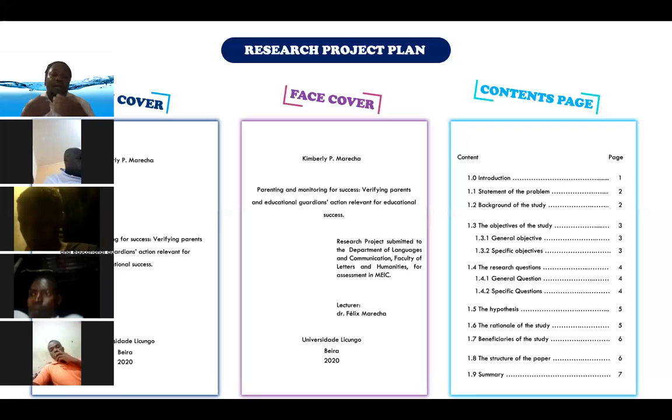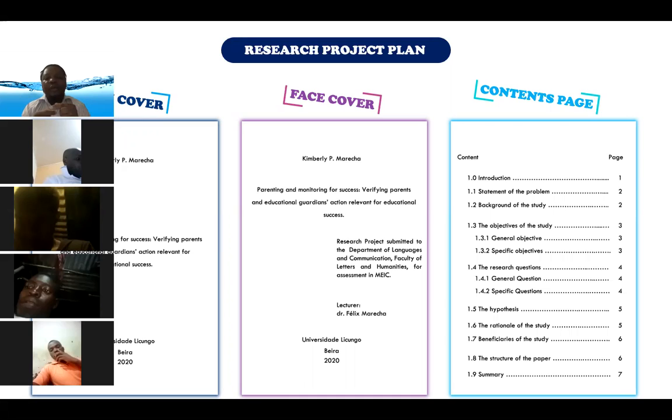So if I go to page 1, I should find 1.0 introduction as a subtitle. And after 1.0, I will also find the next item, which is 1.1, the statement of the problem.